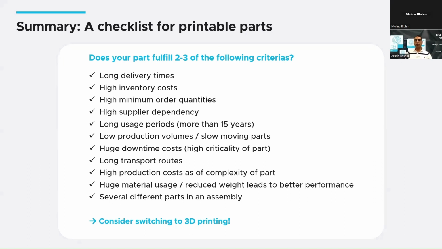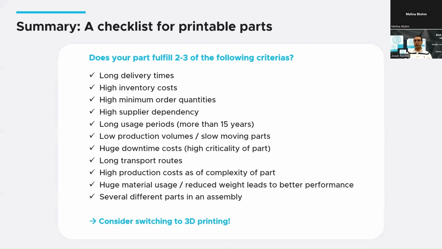Do we have long delivery time? Do we have high inventory cost, high minimum order quantities, of course, very high supplier dependency, long usage period, if you need parts like spare parts after more than 15 years, low production volume, huge downtime costs because your parts are highly critical parts, long transportation routes.